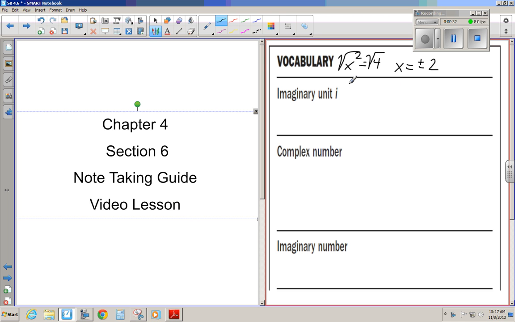But there comes a situation where if you had x squared equaled negative 4, the situation here dictates that yes, you square root both sides, and you see x equals plus or minus the square root of negative 4.